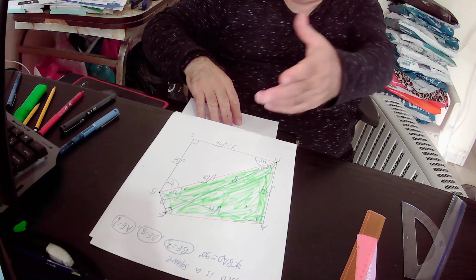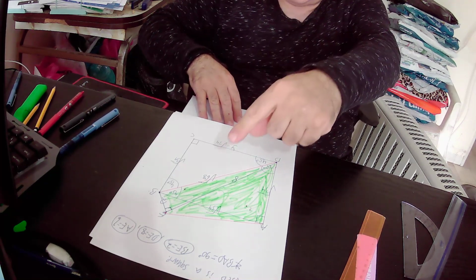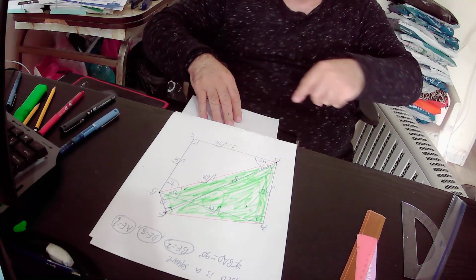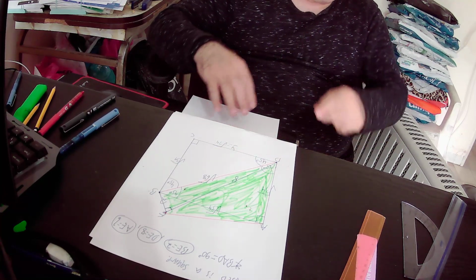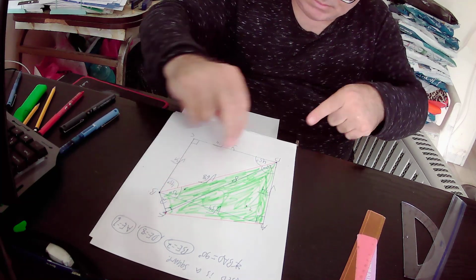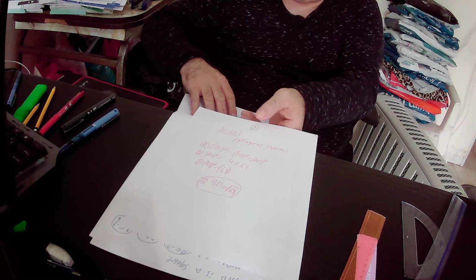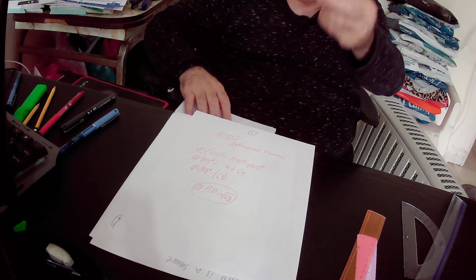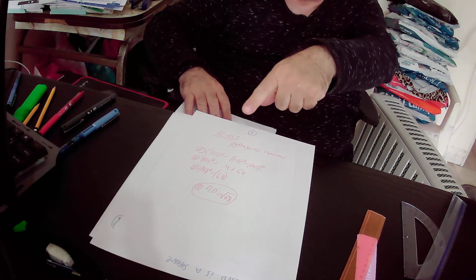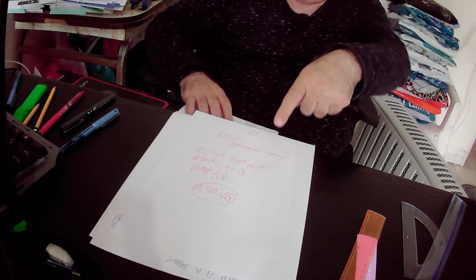In the right triangle BED, according to the Pythagorean theorem, the square of the hypotenuse equals the sum of the squares of the perpendiculars. The square of the hypotenuse is DB square, and DB square equals BE square plus DE square. I'll repeat again, in the right triangle EBD, the square of the hypotenuse equals the sum of the squares of the perpendiculars. That is to say, DB square equals EB square plus DE square.